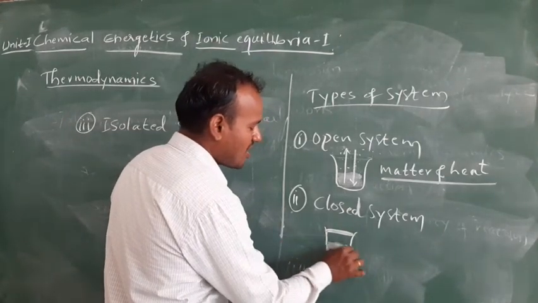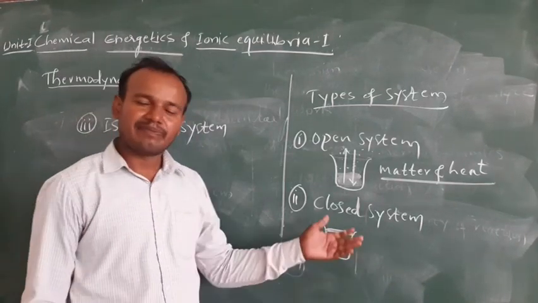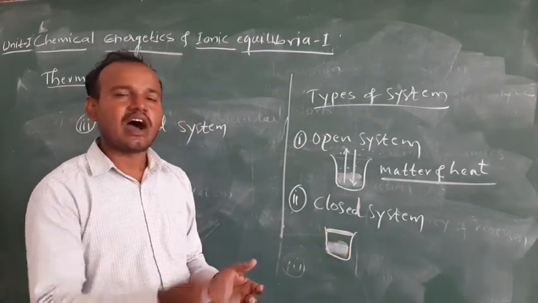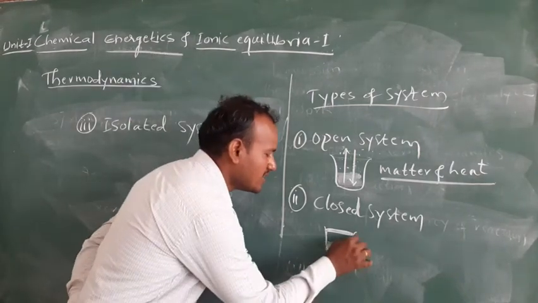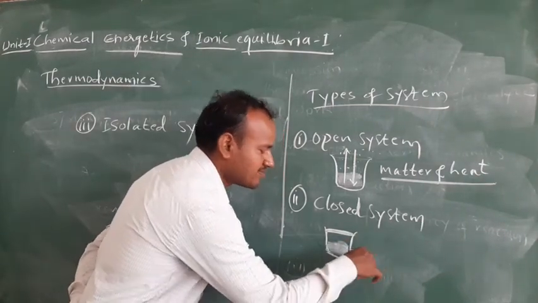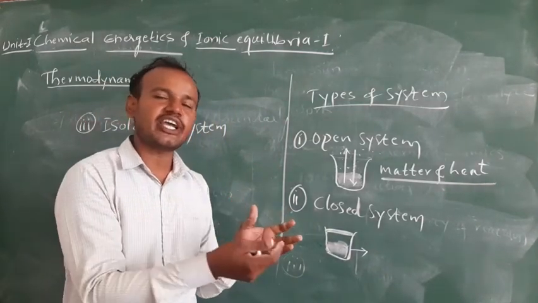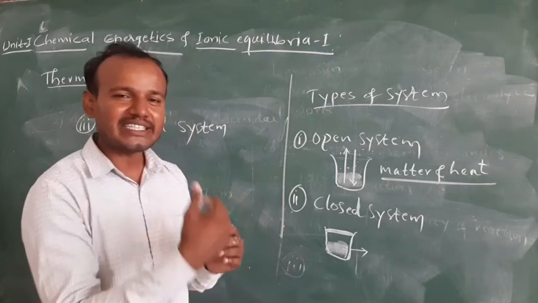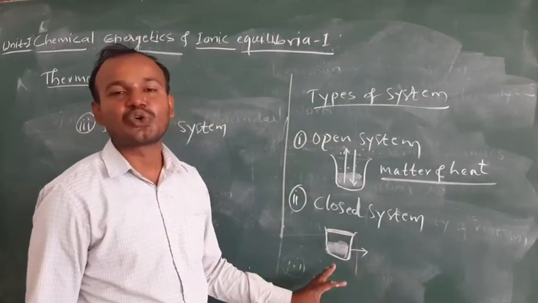If I keep hot water in this closed beaker, after 5 to 10 minutes that hot water becomes cold water, because this boundary is conductive. This boundary is a conducting material which allows heat energy through it, and that makes it transfer its heat energy to the surroundings, and it becomes cool.